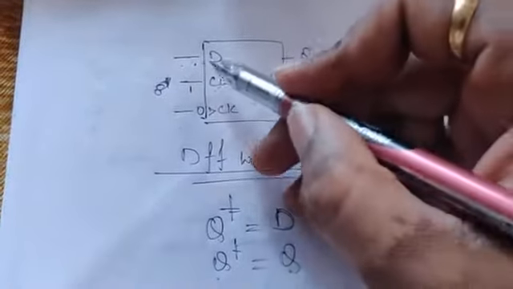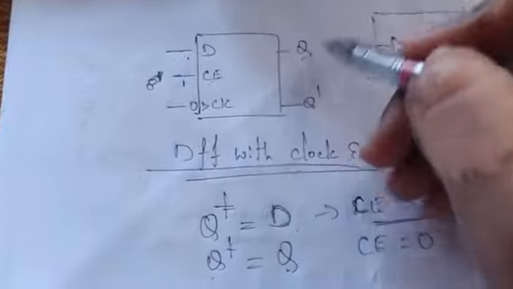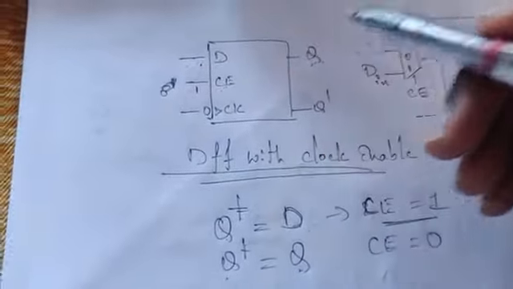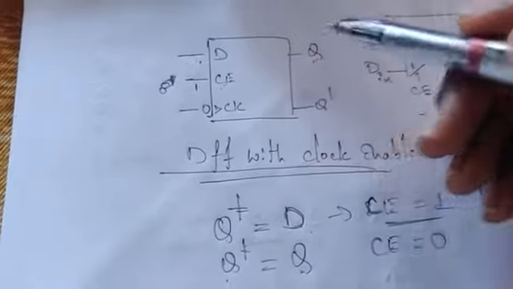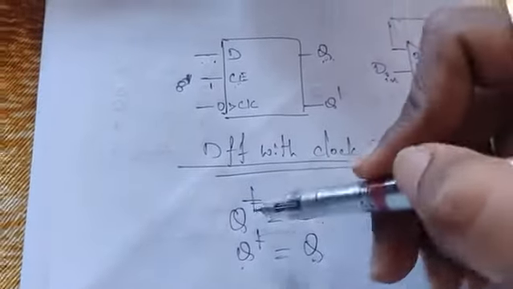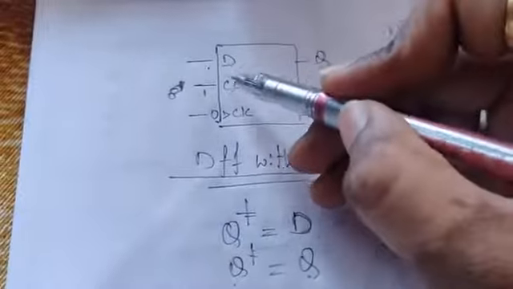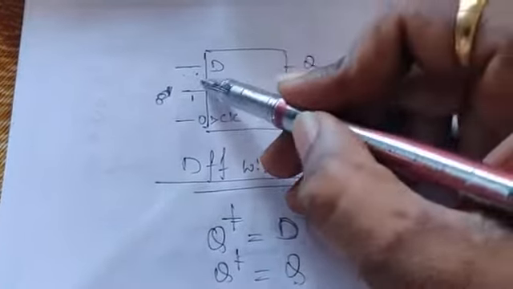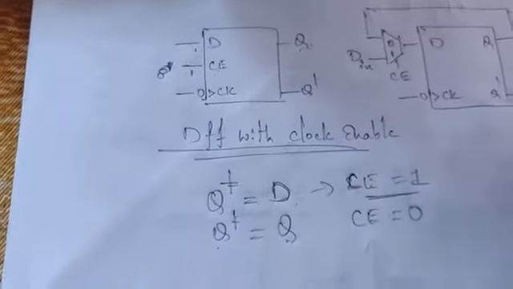After one transaction, if you pass 0 that will affect Q, and that will be Q plus. If you pass 1, that will be the Q plus. That is the next data.